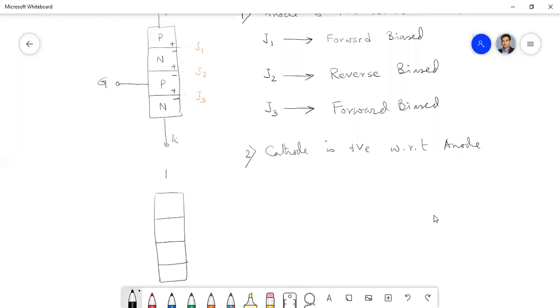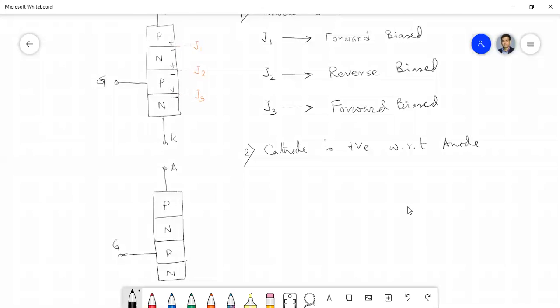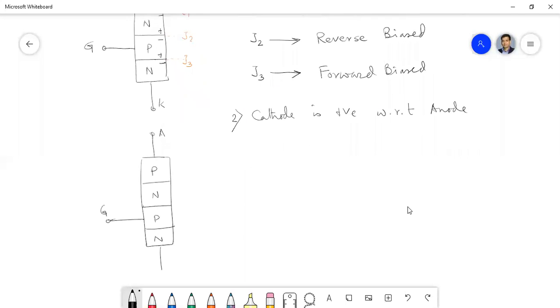Same configuration I will draw. Here we have the anode, here we have P N, and here we have the gate. Here we have the cathode, and we have three junctions. So the junctions are J1, J2, and J3.